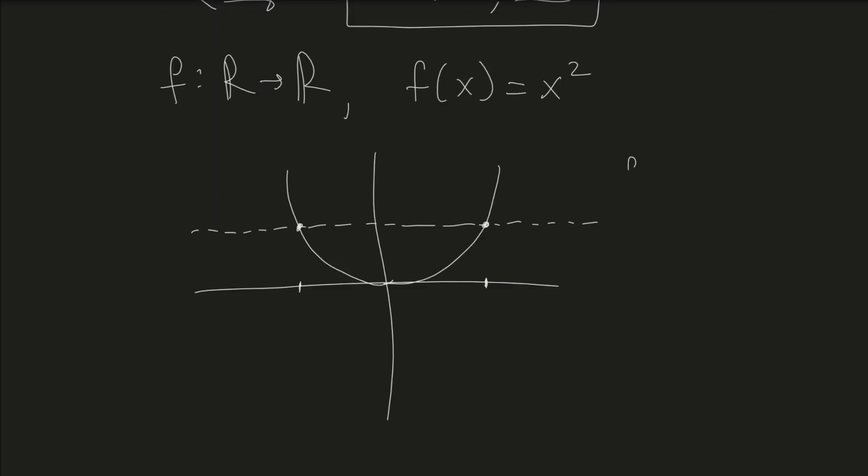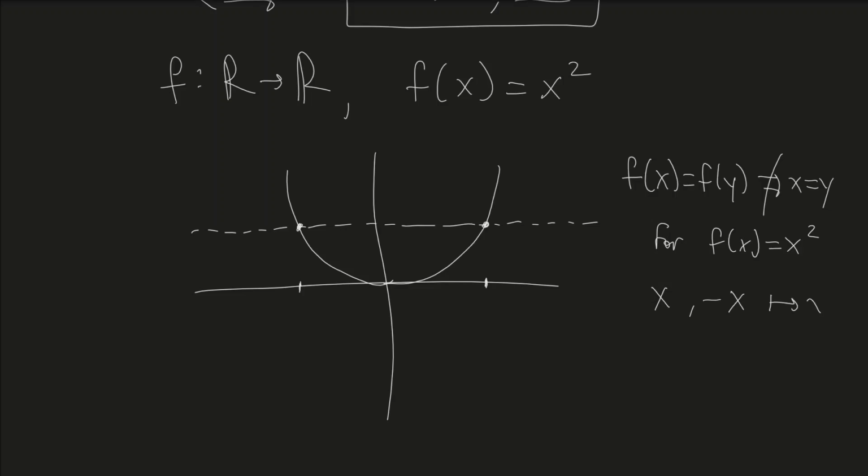So this condition of injectivity that we had before, which is that f of x equals f of y implies x equals y, is not true for the function x squared, because I can have x and negative x that both map to x squared.